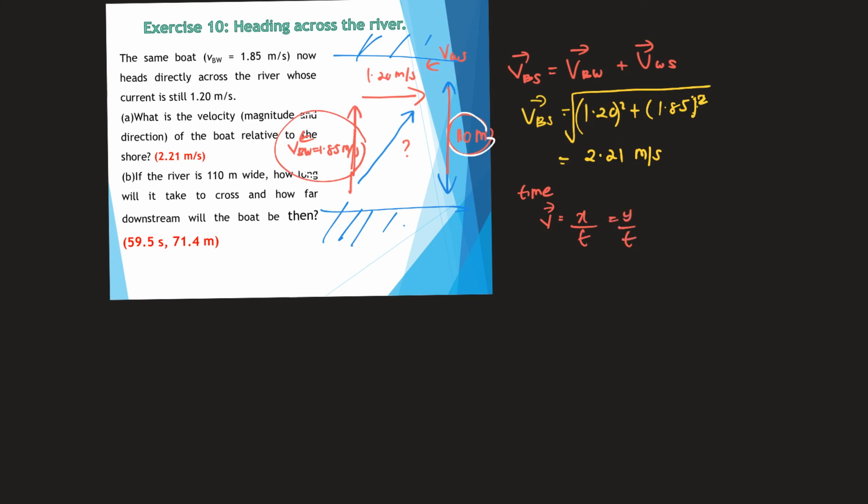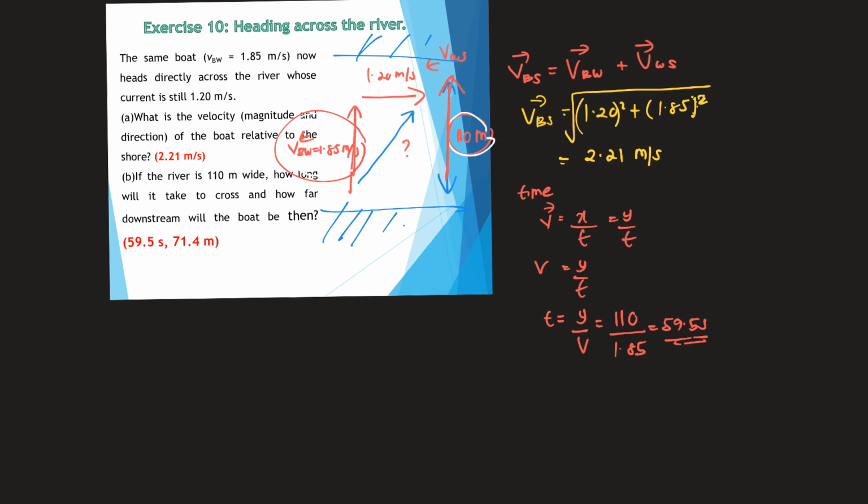This one we are going to use y over t. The question asks you to find the time, so time is y over v. So y is 110 and velocity is 1.85. So the answer is 59.5 seconds. That means how long for the boat to cross is 59.5 seconds towards this direction.